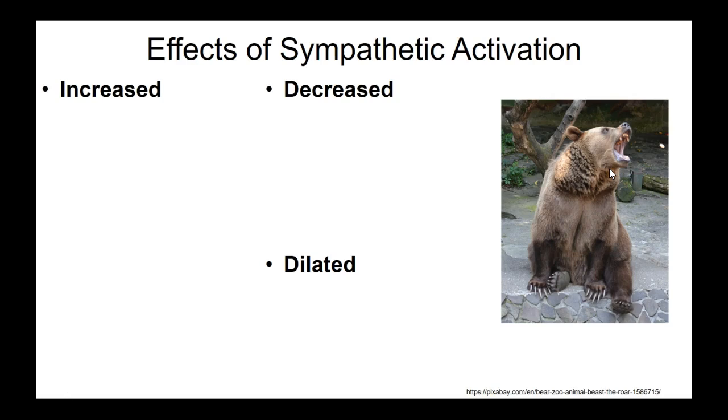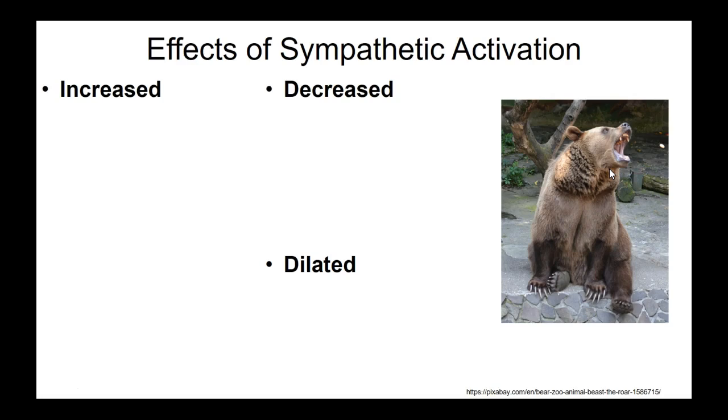Blood flow, skeletal muscle, absolutely. What's some other things we're going to see? So what about heart rate? Elevated, yep. All right, what about bronchioles? Are they going to dilate or constrict? Dilate, absolutely.